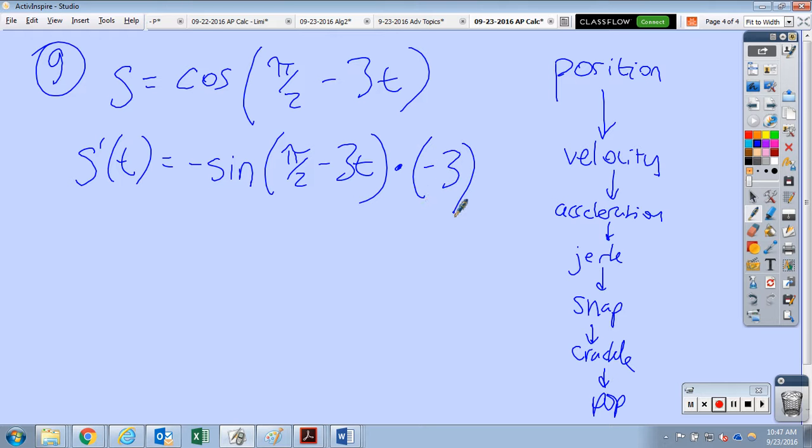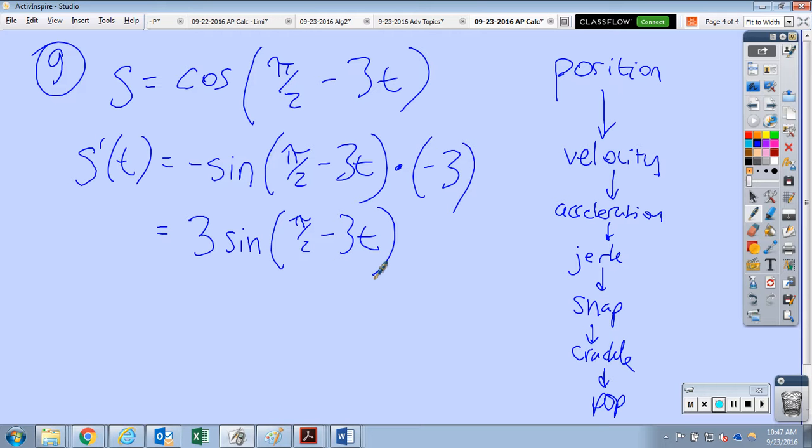We have a constant, which is 0, and the derivative of negative 3t is negative 3. So this here we write as 3 sine of one half pi radians minus 3t. Find the velocity of the object as a function of t, and that would be it.